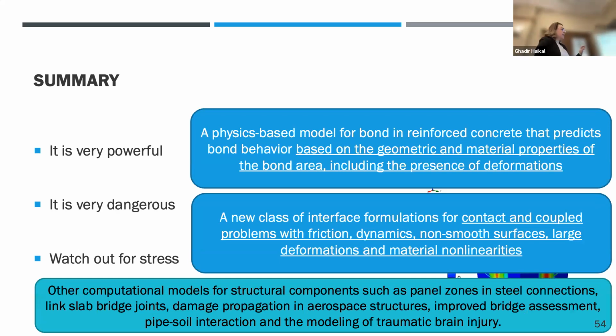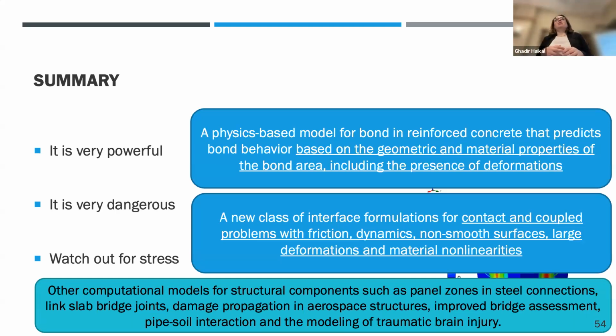So, based on this, we also have the ability to develop models for other structural components. Again, steel connections, piles in soil, bridge joints, and different types of structural elements, because we can use it with beams and plate elements. And therefore, this is something that we can use also in other types of applications beyond civil engineering.